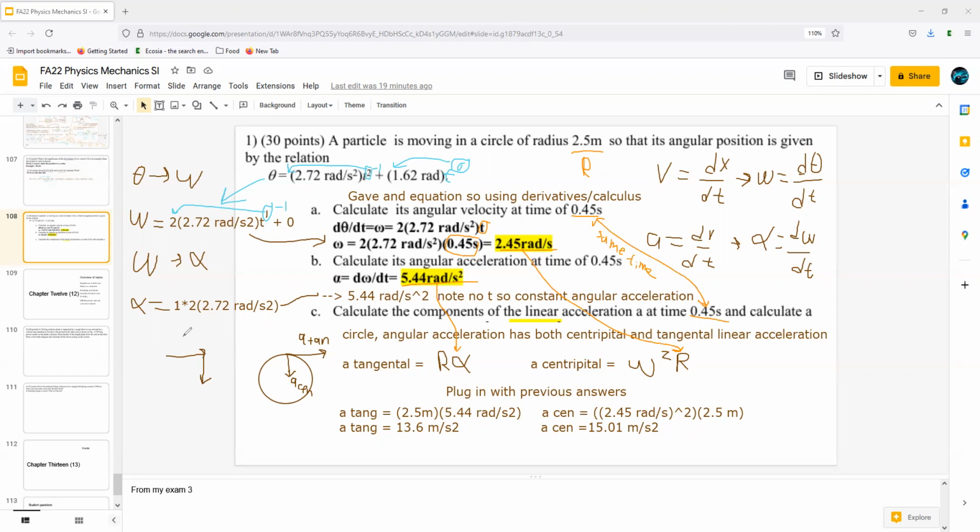Because you do tail to tip, tangential, centripetal. So then you do the Pythagorean theorem, and A is equal to the square root of A tangential squared plus A centripetal squared.